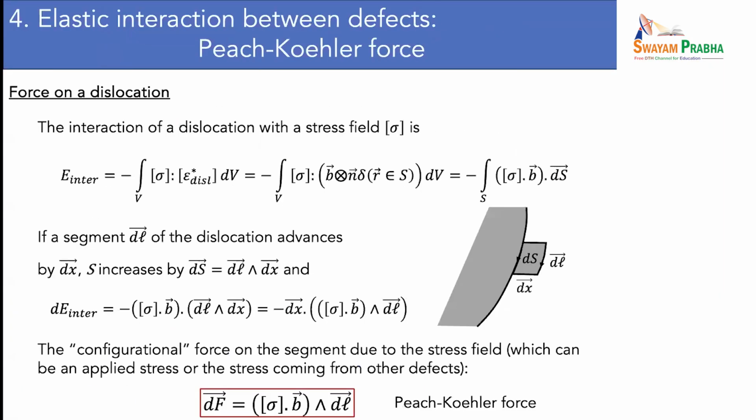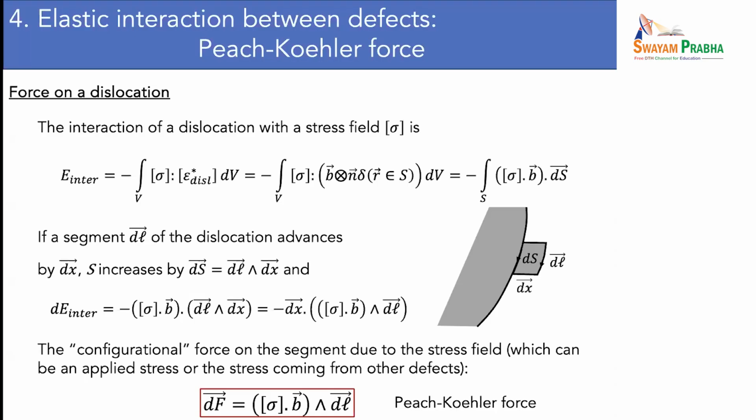I'm not sure I want to do it, but those who have done dislocations know the Peach-Koehler force, the force acting on a dislocation segment due to an applied stress. Actually, you can derive the Peach-Koehler force by applying just what we have written here. There's a little bit of math and I don't want to go into it.